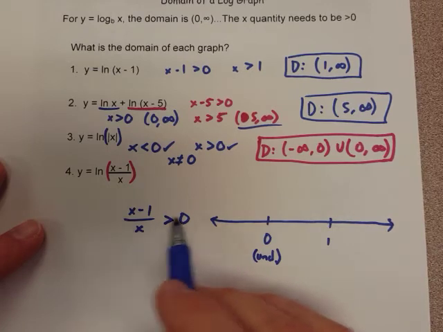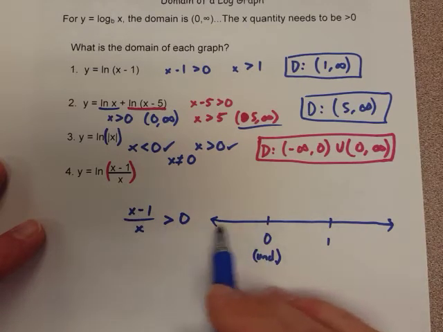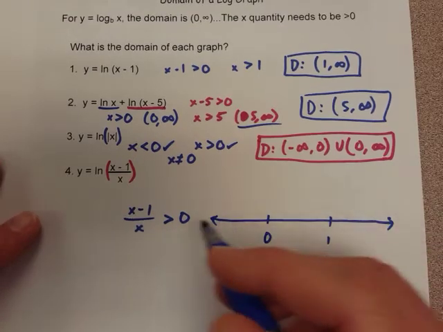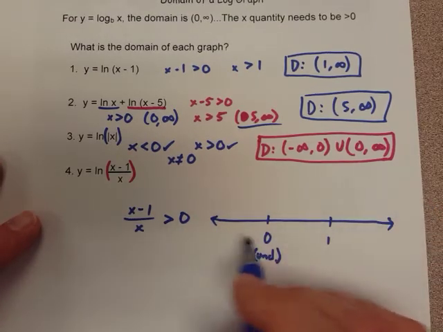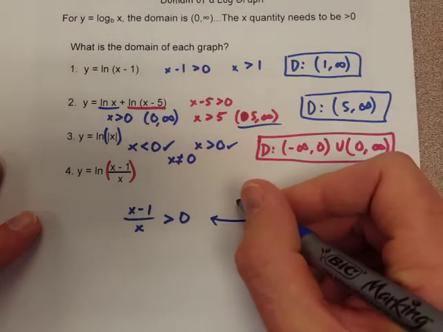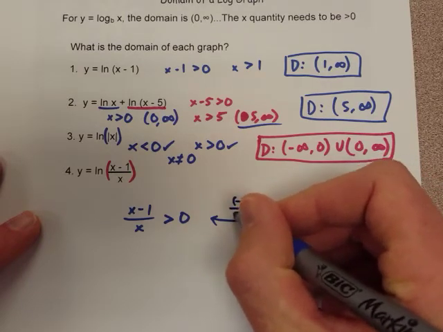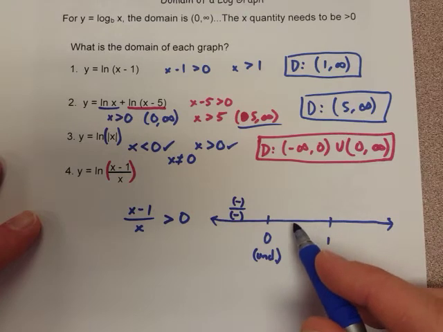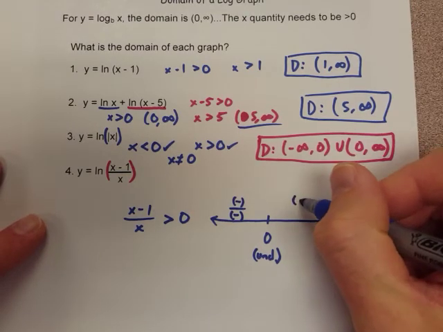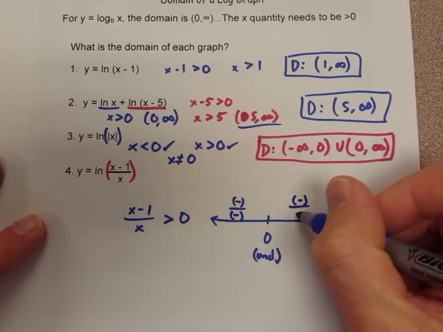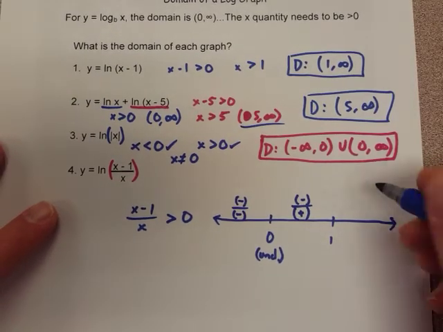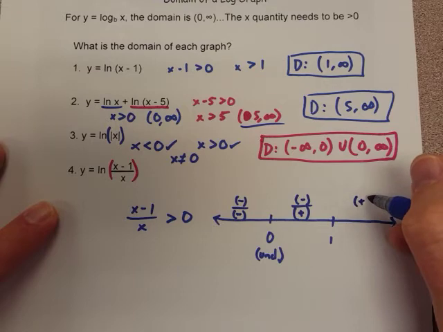Now, test points. We want to make sure that we choose something over here, here, and here, make test points, and make it into a fraction. So maybe I choose -1, that would make it a negative on top, and a negative on the bottom for this one. If I choose, let's say, 0.5, in here that would mean negative on the top, positive on the bottom, and maybe over here I choose +2, which would make it positive on the top, positive on the bottom.